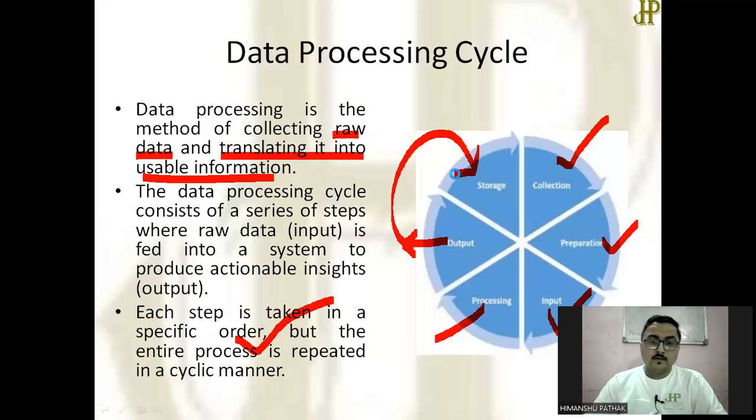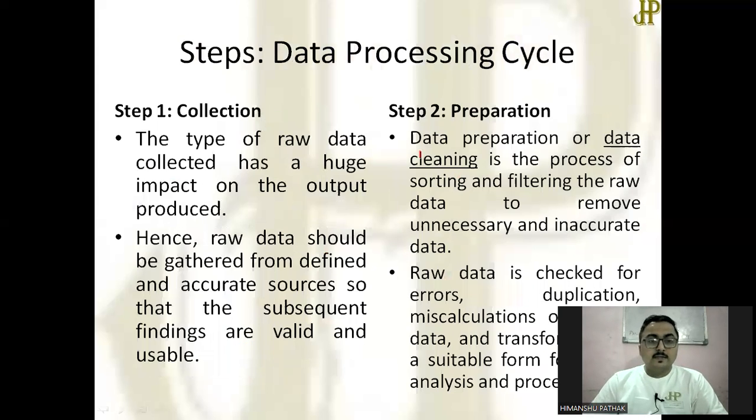Clear? So the first step is collection. The type of raw data collected has a huge impact on the output produced. Hence, raw data should be gathered from defined and accurate sources. You have to be very careful about where you are collecting your data.